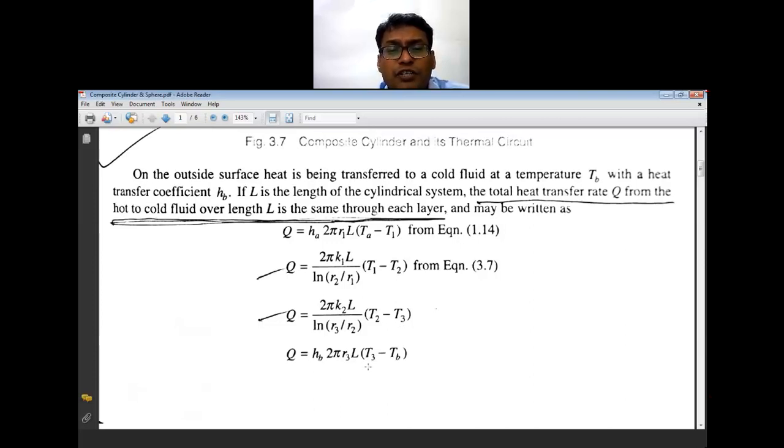And for the convective heat transfer coefficient, that is Hb into 2 pi R3 into L. So for a single cylinder, you will have three resistances: one because of the convection, second because of the first cylinder, then the second cylinder, and the fourth one is because of the outside convection coefficient.